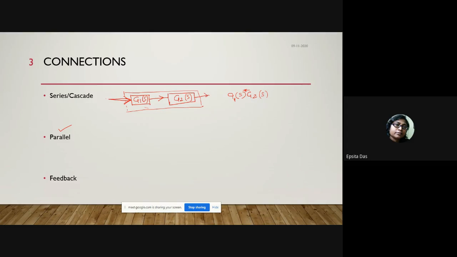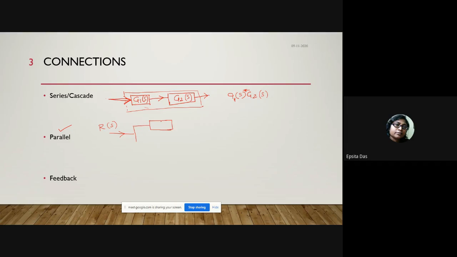Okay. Now, the next is parallel. What do you mean by parallel arrangement? Suppose this is a signal R(S) coming in. Now, R(S) is branched into 2 parts.